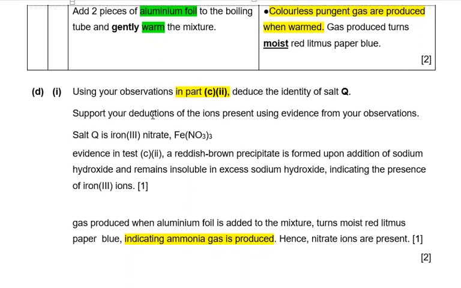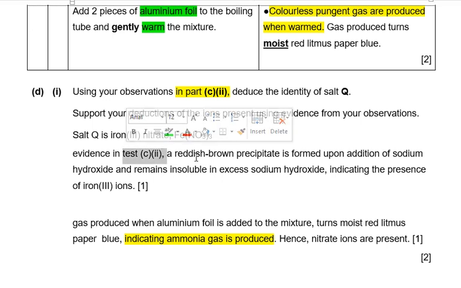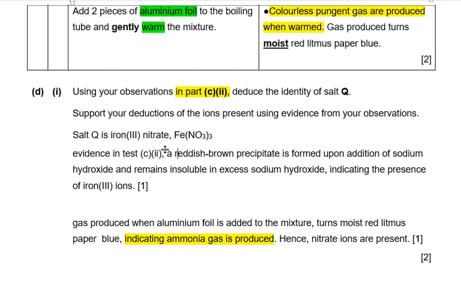Now, you are asked to use the observation to deduce the identity of salt Q. So again, this is not a deduction question. Please use your TOC framework, which is: what test are you talking about? The observation. Basically, you just copy the whole thing. So in this test, C part 2, what's the observation?